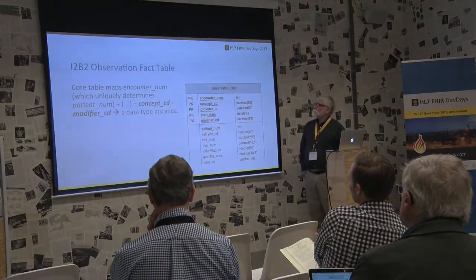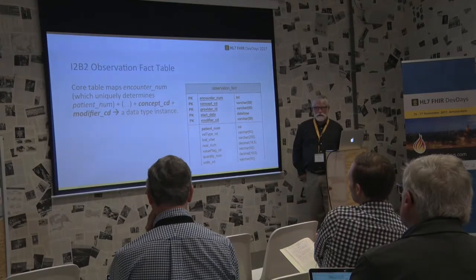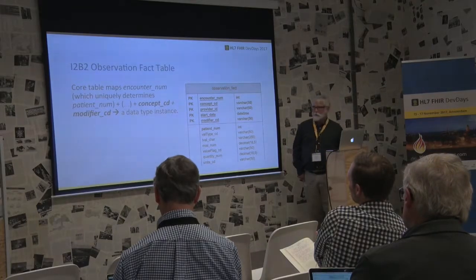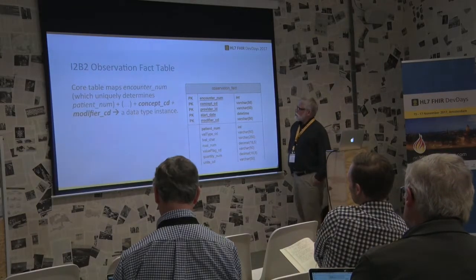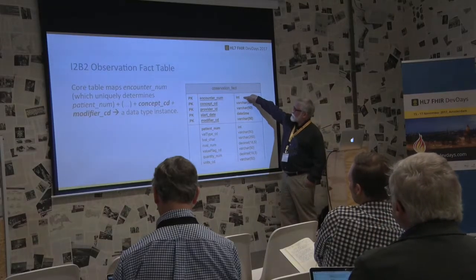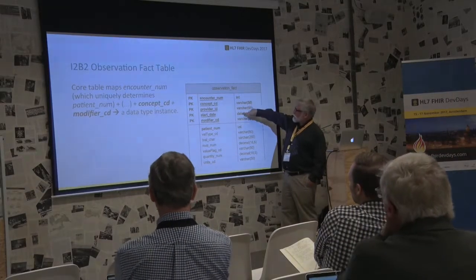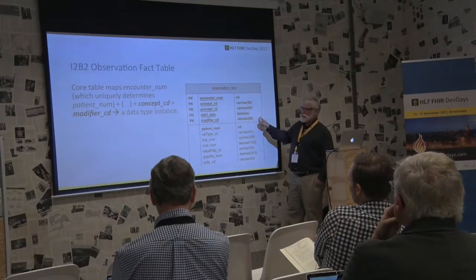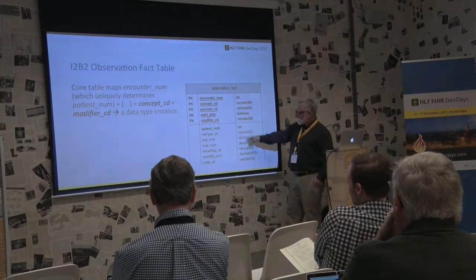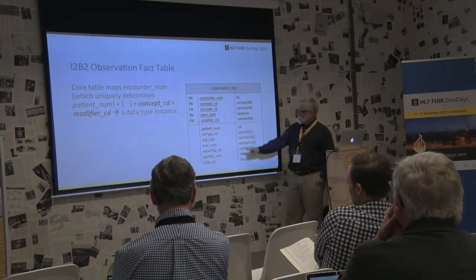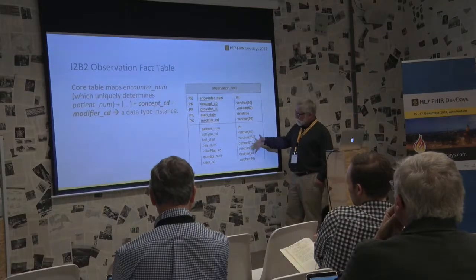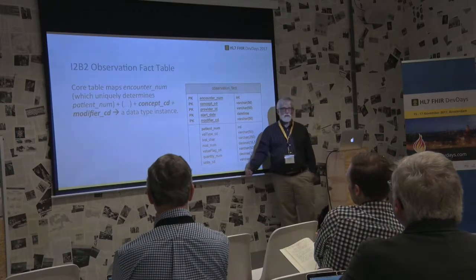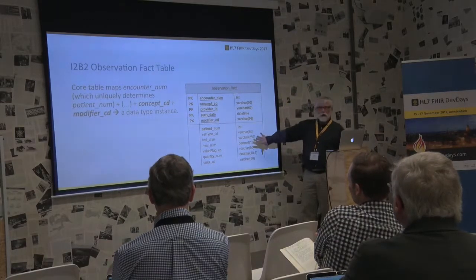At its core, it has an observation fact table, and that's interesting because it's a very primitive structure. What you've got basically is a key that consists of an encounter, a provider, a date, a concept code, and an optional modifier code. That's not obvious here. But these things then give you a clump of data. And the data can be numeric or ASCII, it has quantity, units. It should look familiar to anybody that's messed around with data types. They've just kind of clumped it all together in here.